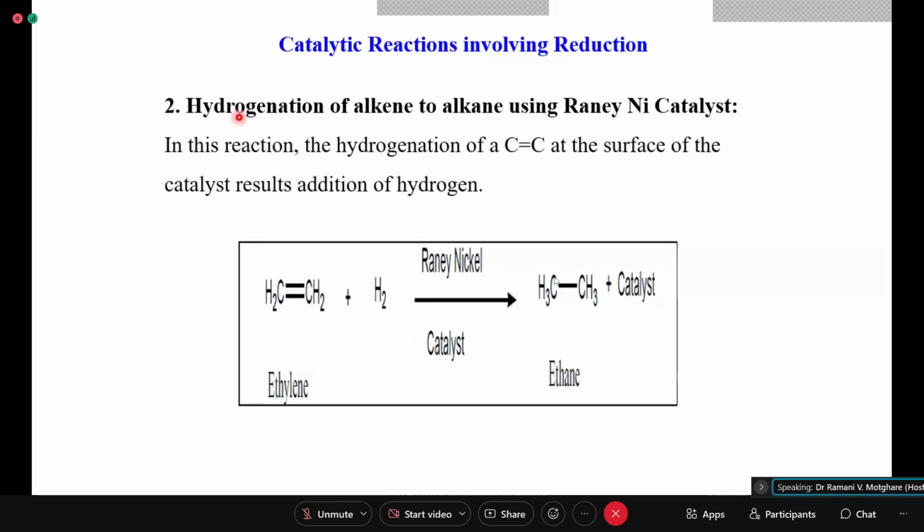Then next one is reaction involving reduction.